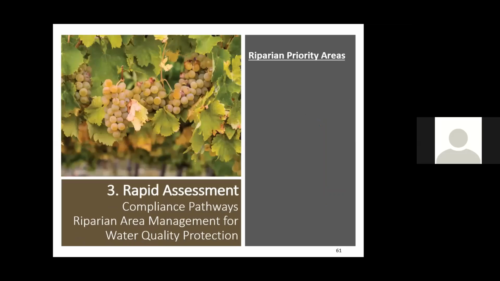Under the rapid assessment compliance pathway, we are using a tool that assesses the condition of riparian areas along a stream reach. This assessment yields an overall score that assesses the quality of the riparian area. The score is based on rapid assessments that have been conducted at reference sites in agricultural areas of our region that are in good condition.